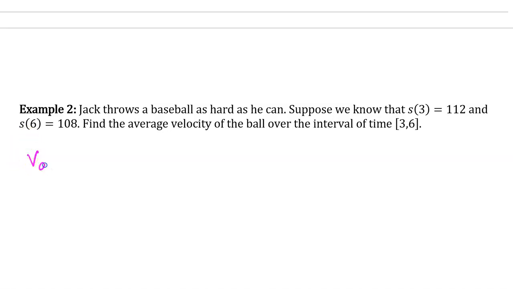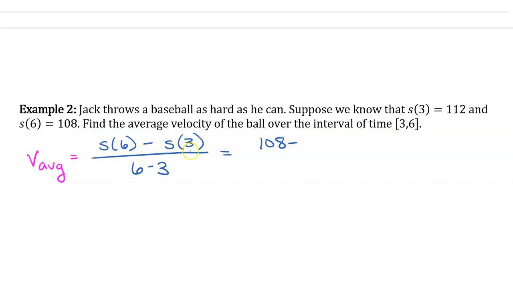So the average velocity would be y2 minus y1 over x2 minus x1. So y2 is 108 and y1 is 112, over 6 minus 3.